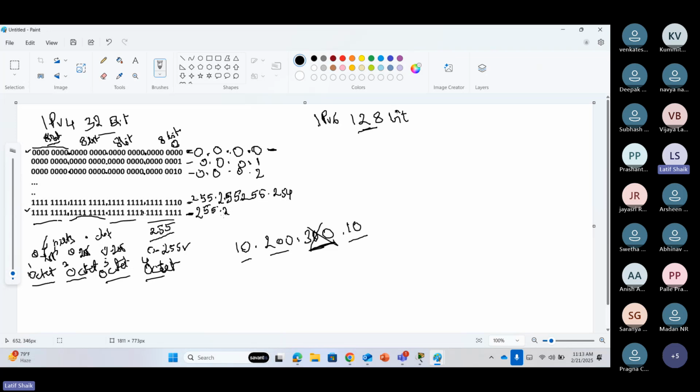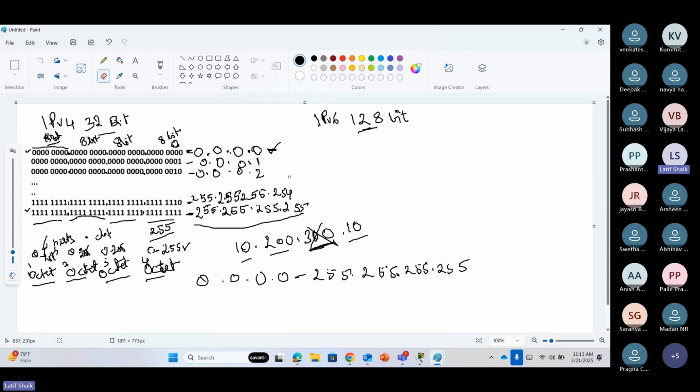So it is totally 255.255.255.255. This is the last one, and this is the first one. Your IPv4 range starts with 0.0.0.0 and ends with 255.255.255.255. This is the total range of IP addresses.